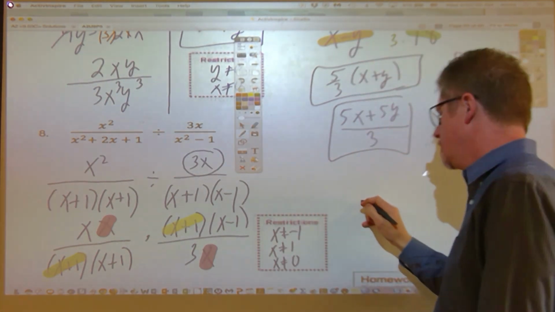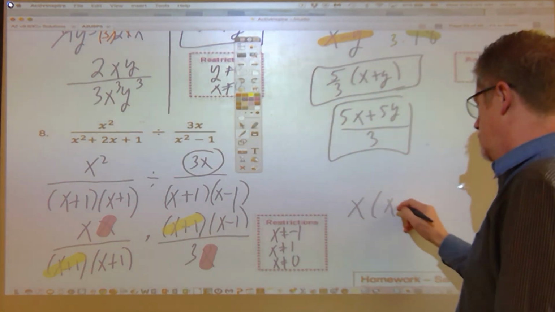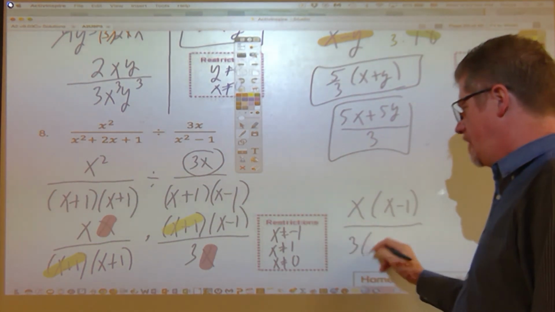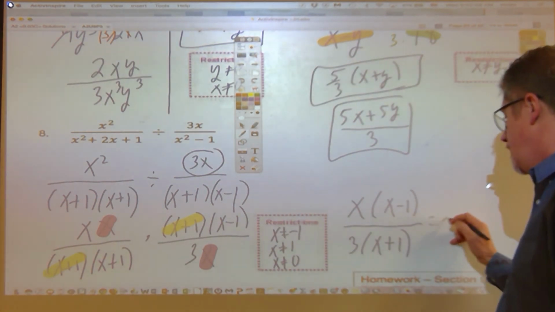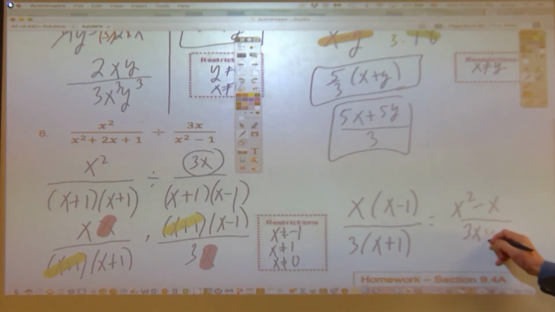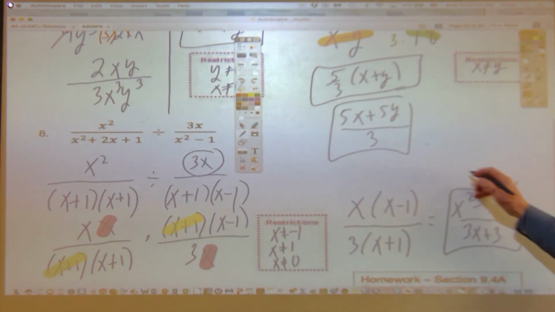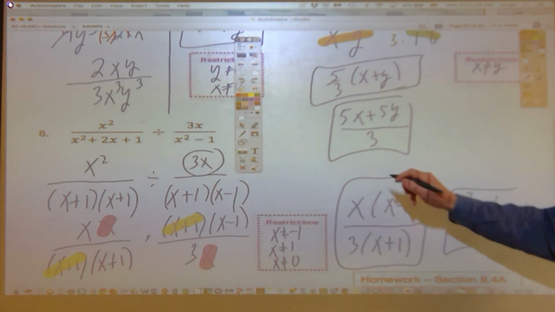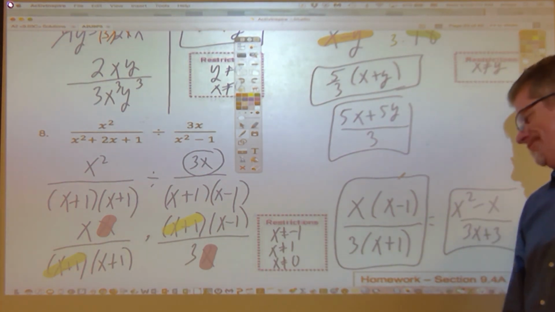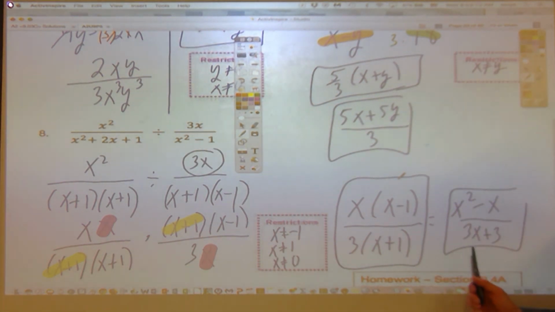So my work arrived at this. Now, if you write your final answer as (x squared minus x) over (3x plus 3), fine with me. We're pretty easygoing here. Either one.